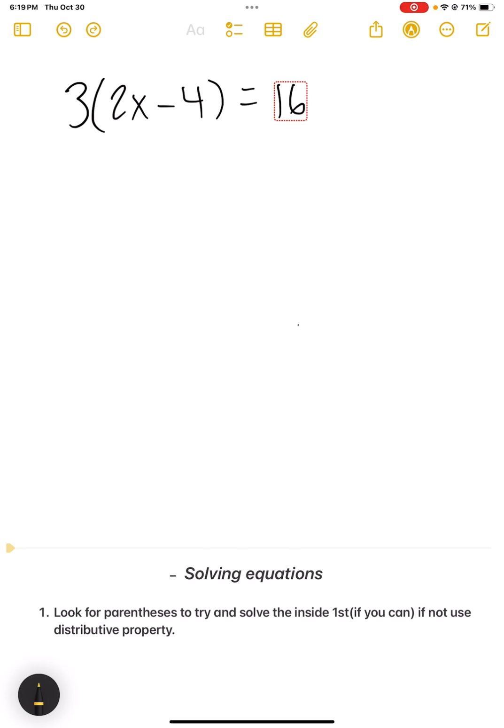So we can't do the parentheses on the inside. Now we would use what we have on the outside, which is the distributive property, or this 3. When we do the distributive property, that means we are giving the 3 to all items inside of the parentheses through the operation multiplication. So this is 3 times 2x, which would be 6x, and 3 times negative 4.